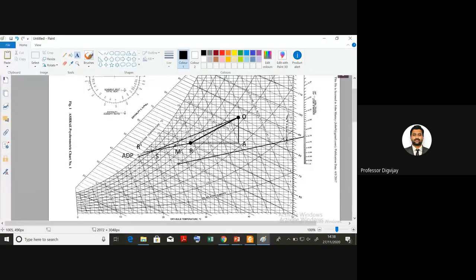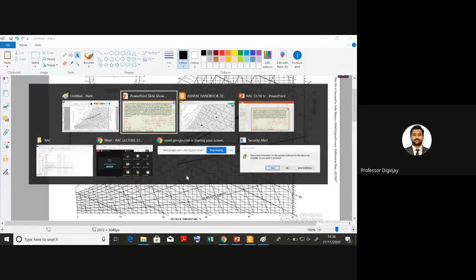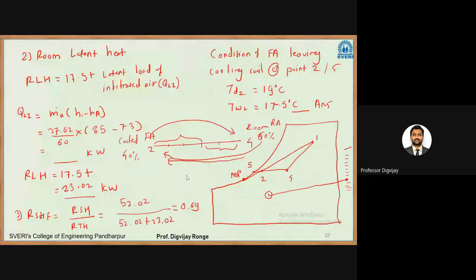So let us denote this point as 3. So on this line, I will get point 3, that is the mixing point. Now from the psychrometric chart, if I see the conditions here, it is 24 degrees Celsius, and the wet bulb temperature here is given as 19.8 degrees Celsius.